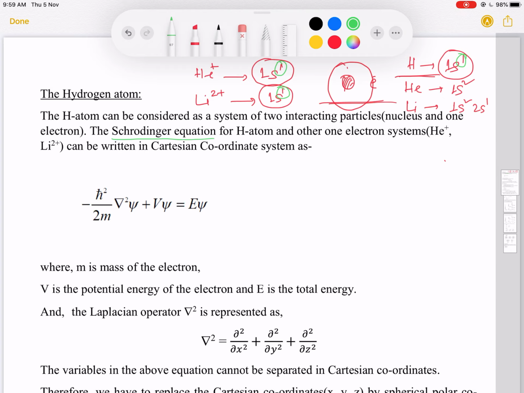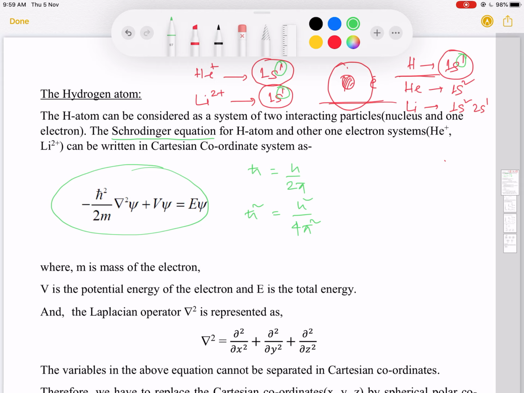Okay, so you have this expression for the Schrödinger equation. It is minus h cross square by twice m del square psi plus v psi equal to e psi. Now here you might get confused because h cross is nothing but h by 2 pi. So h cross square will be h square by 4 pi square.